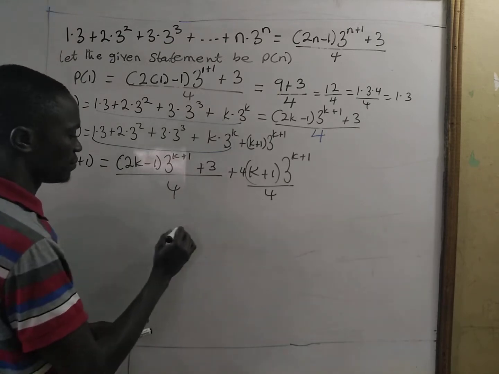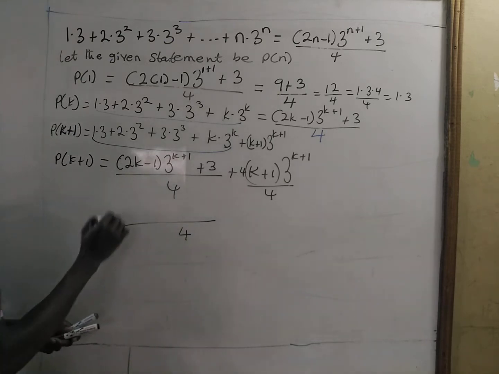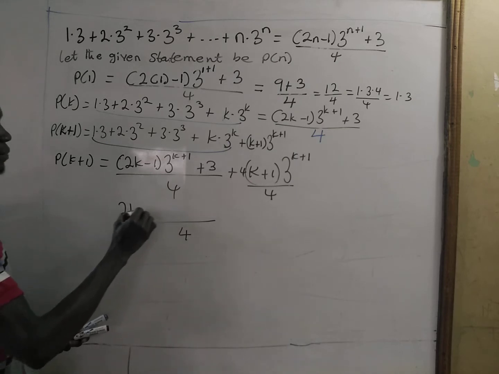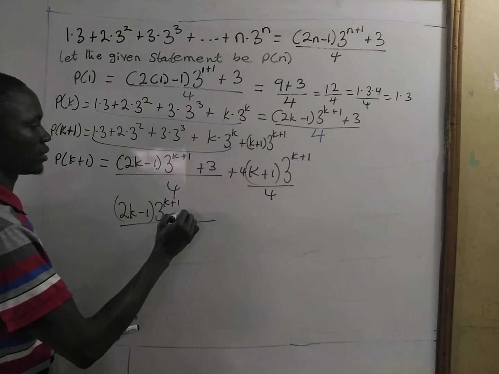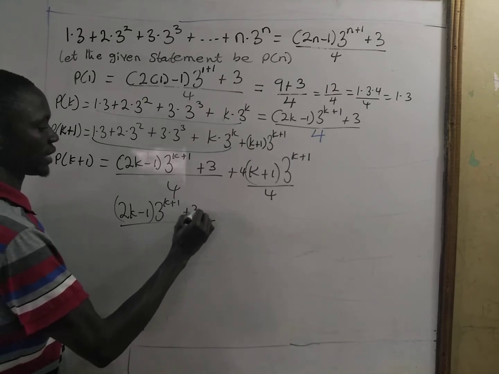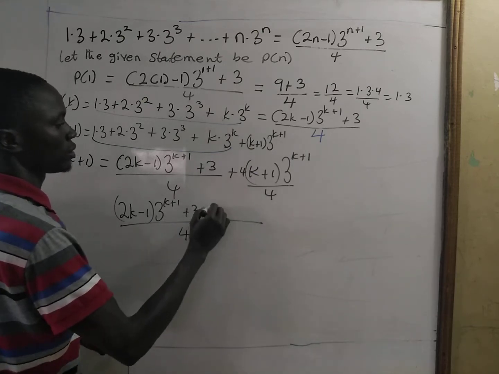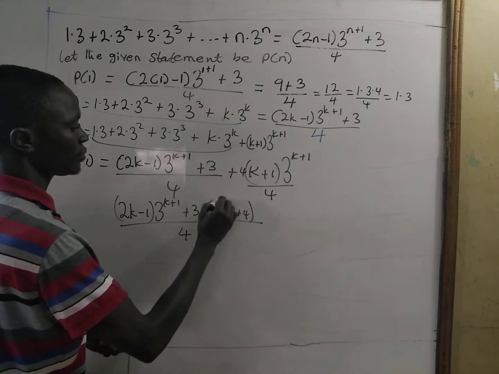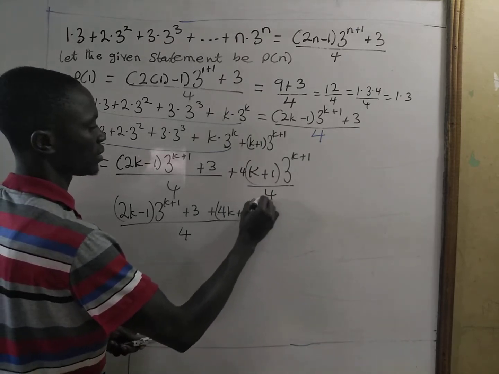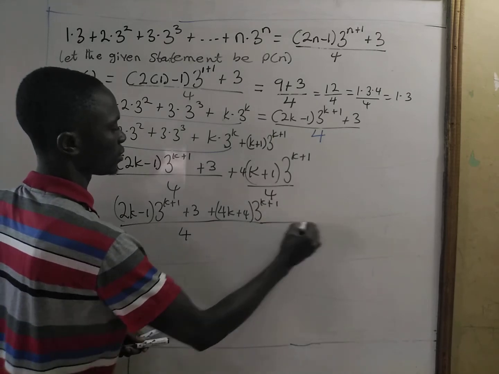So here we have the same denominator 4. We get the top to be (2k minus 1) times 3 to the power k plus 1, plus 3, plus (4k plus 4) times 3 to the power k plus 1.